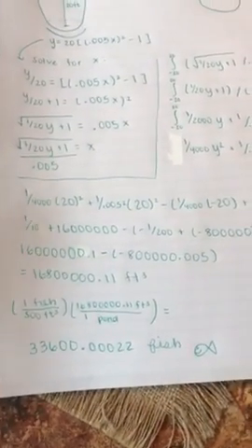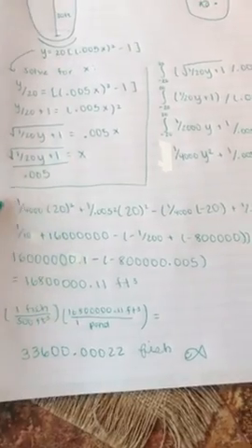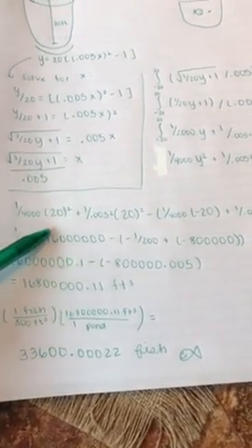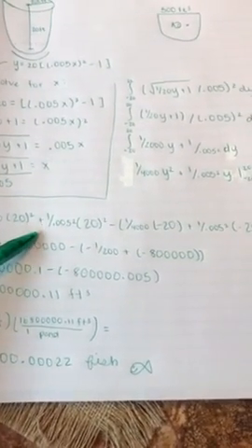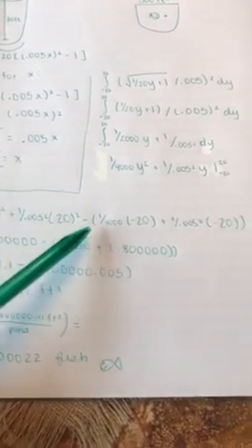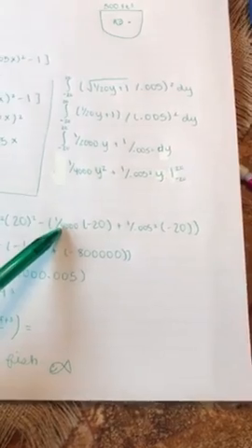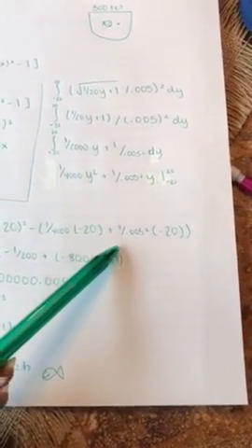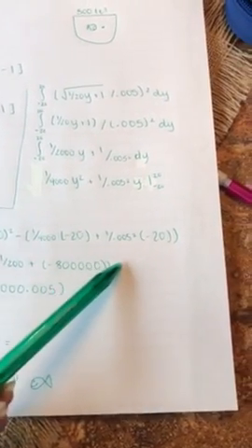When we plug those numbers in, we get 1 over 4000 times 20 squared plus 1 over 0.005 squared times 20, minus 1 over 4000 times negative 20 squared plus 1 over 0.005 squared times negative 20.